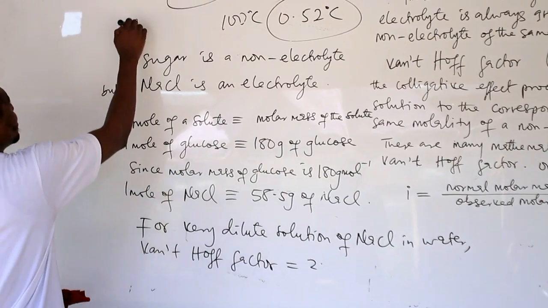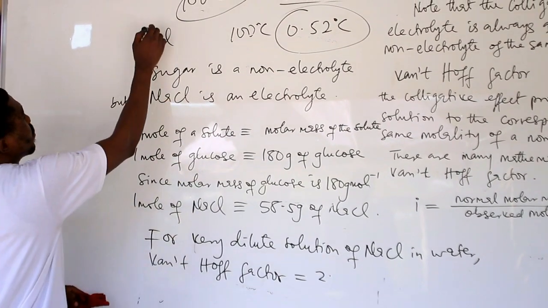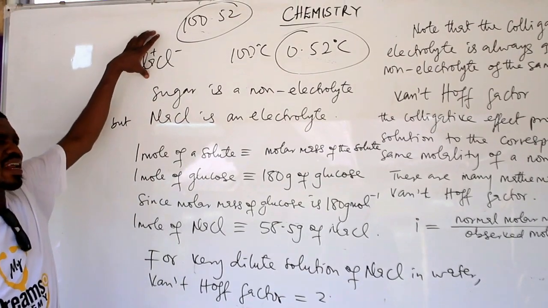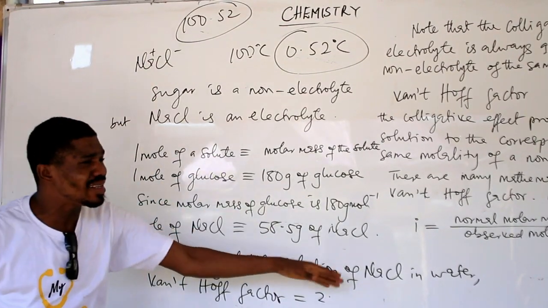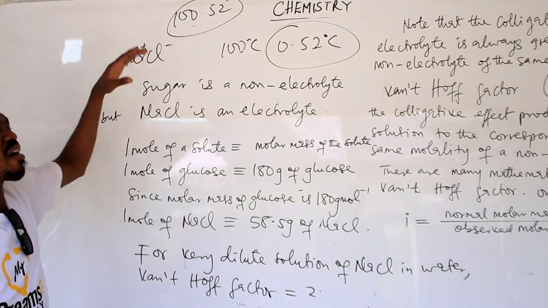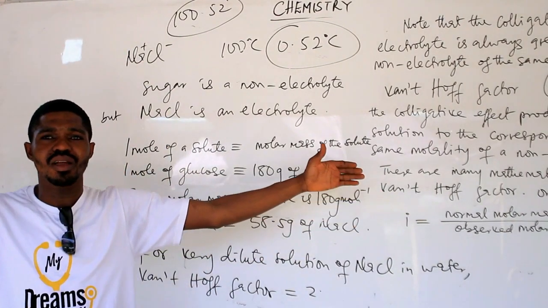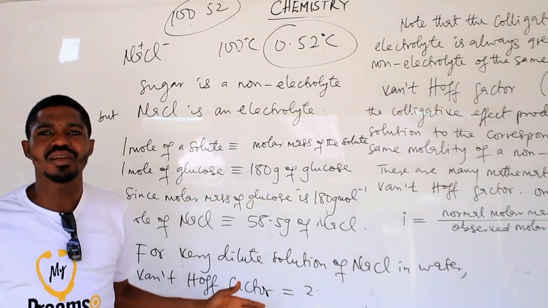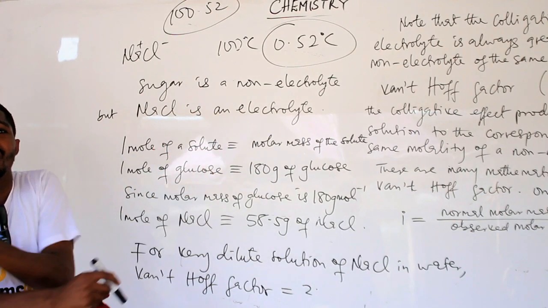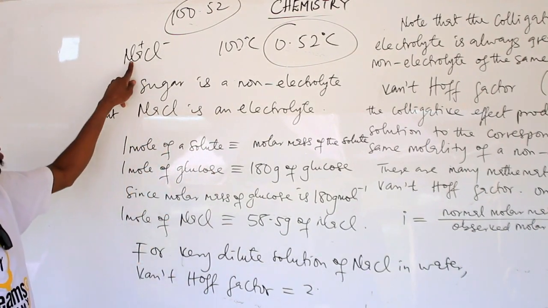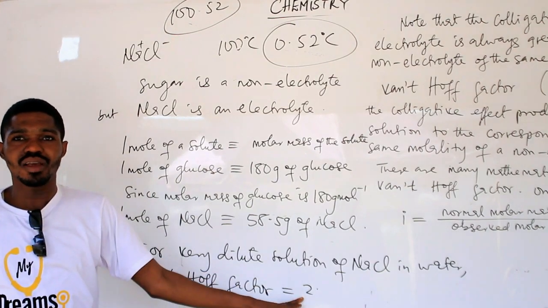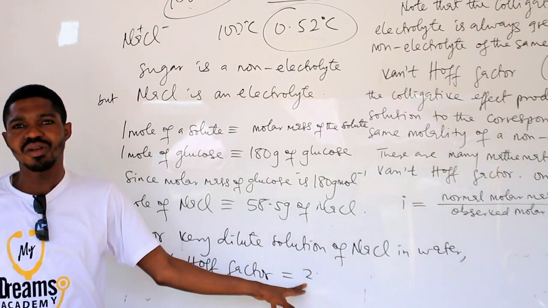Sodium chloride is NaCl, an ionic compound. So if a solution of sodium chloride is extremely dilute, it means that the ions have completely separated from each other. They are no longer attracting each other. So the ions are now free to move about. No interaction between them. So this is one ion, plus the other ion, that is 2. Okay, so that's why the Van't Hoff factor of sodium chloride is 2.